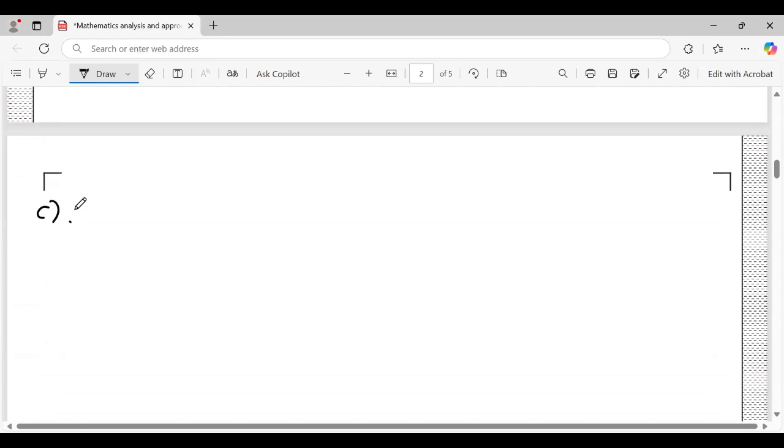C. To find the median of a continuous random variable x, we need to find the median, or m.